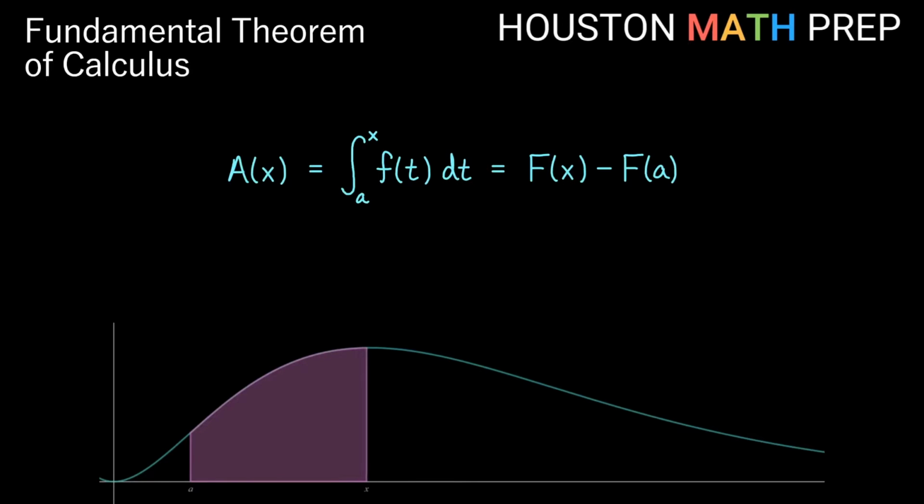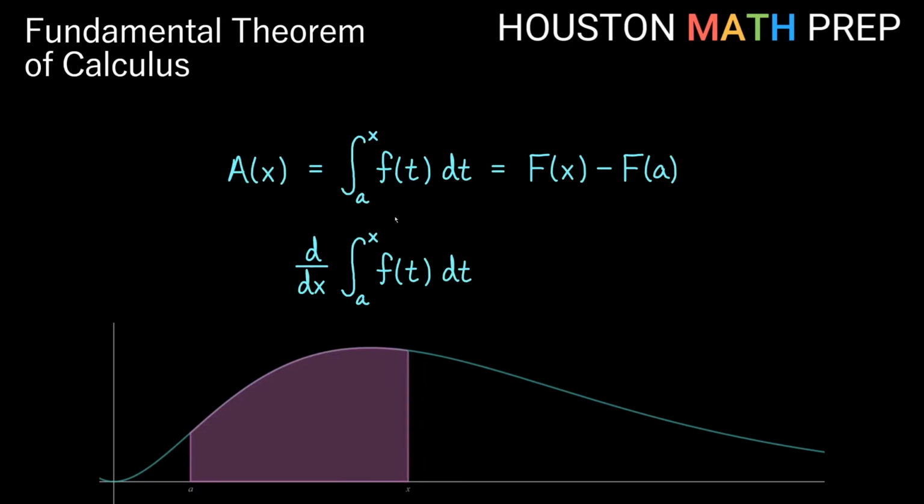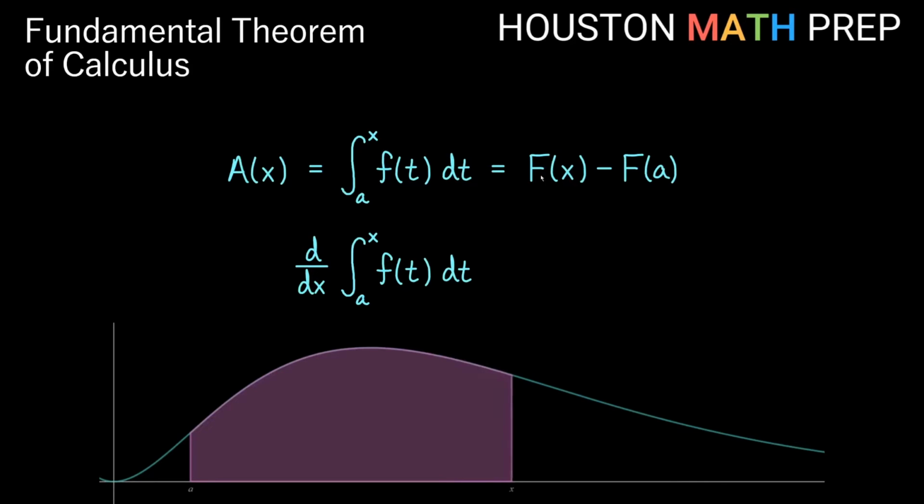Now to bring in the derivative relationship here, let's imagine we took the derivative with respect to x of this area function. So what would happen if we took the derivative over here of capital F of x minus capital F of a? Well, this is the antiderivative of f of x. So if I took the derivative, I should get back f of x, right? That should be equal to f of x. But what is the derivative of this with respect to x?